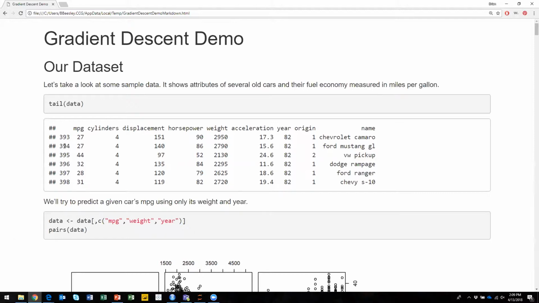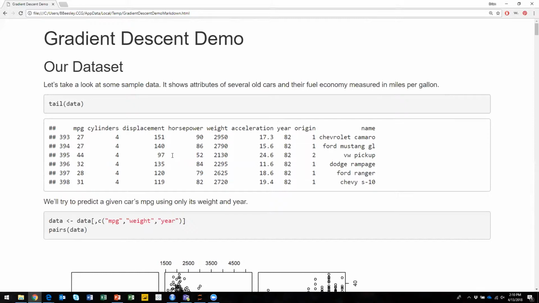But for now, what I've got here is a data set of almost 400 cars, all between 1970 and 1982. This is the bottom of our list, so you see these are the later cars. We've got miles per gallon, cylinders, displacement, horsepower, weight, acceleration.